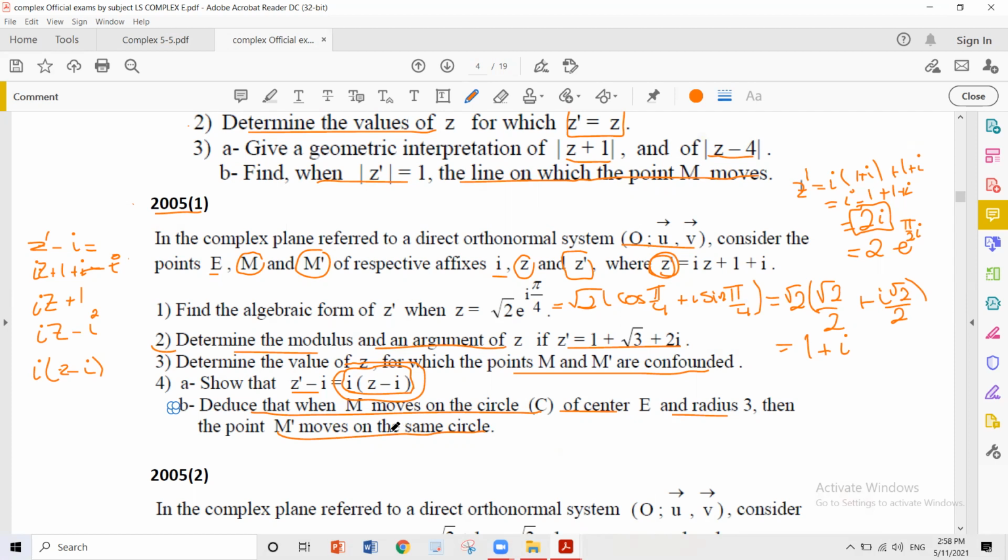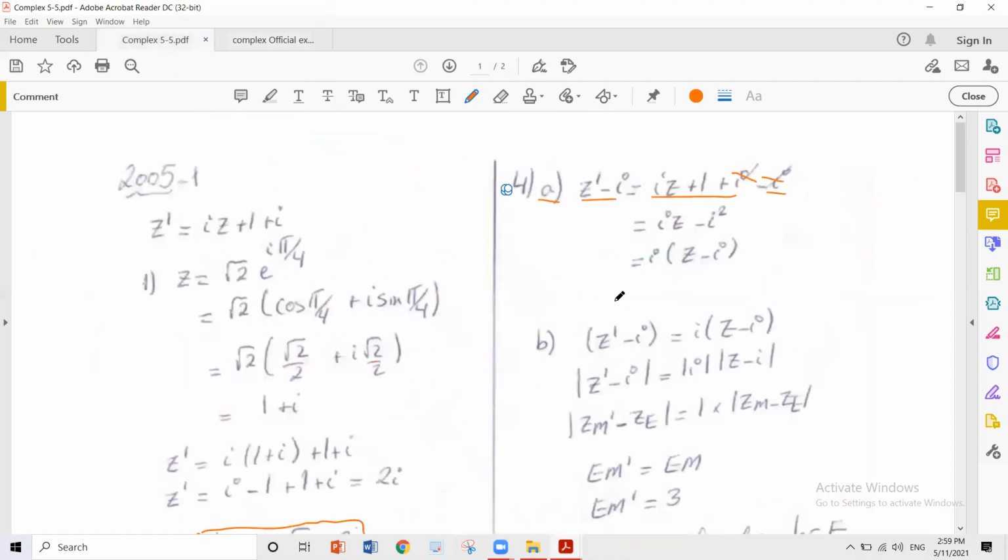From the part above, part A, what do we do in order to find the set of points? We use the modulus. So z prime minus I equals I into z minus I, this is proved.